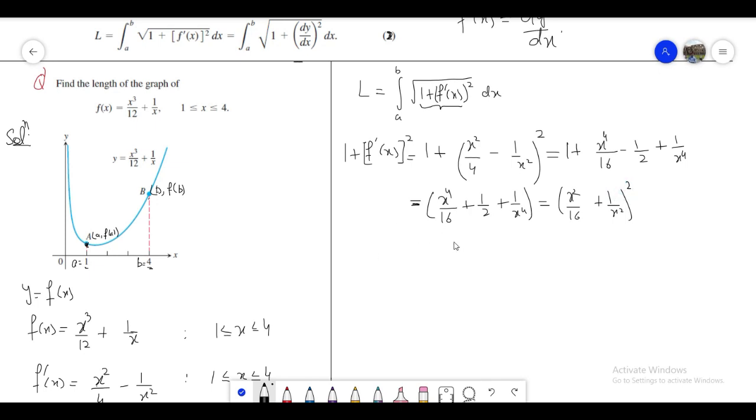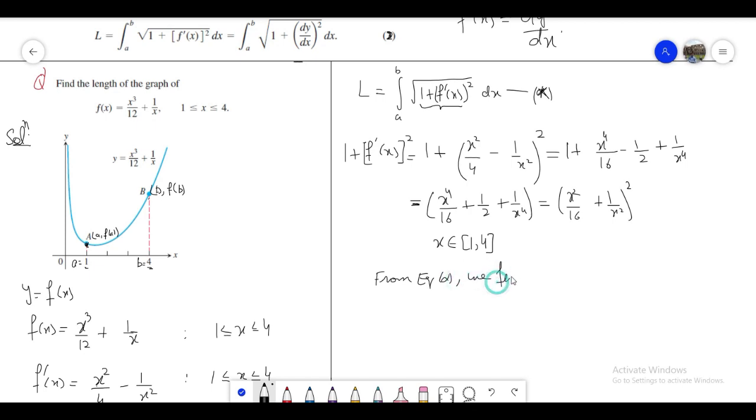We know that x is ranging between the interval 1 comma 4. So let me call this equation alpha.